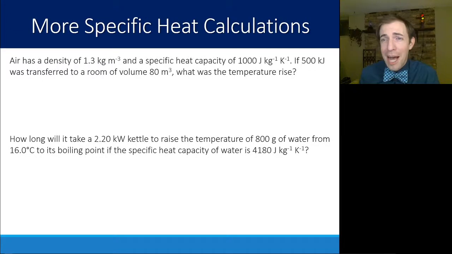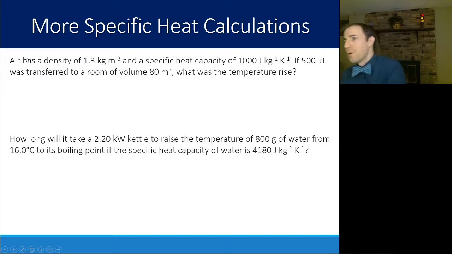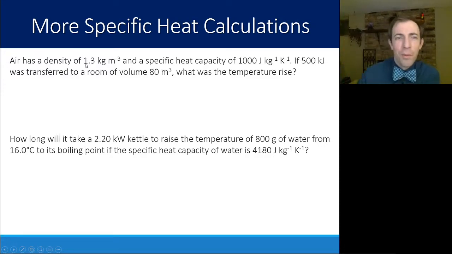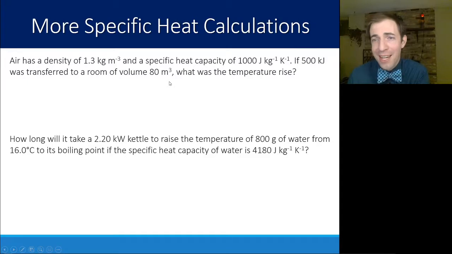It can be a little bit more complicated though as well, because a lot of times you're not given these exact values, and you have to figure out these values from other things that you know about the system. So if we are told that air has a density of 1.3 kilograms per cubic meter and specific heat capacity of 1,000 joules per kilogram per Kelvin, if 500 kilojoules was transferred to a room of 80 cubic meters, what was the temperature rise?